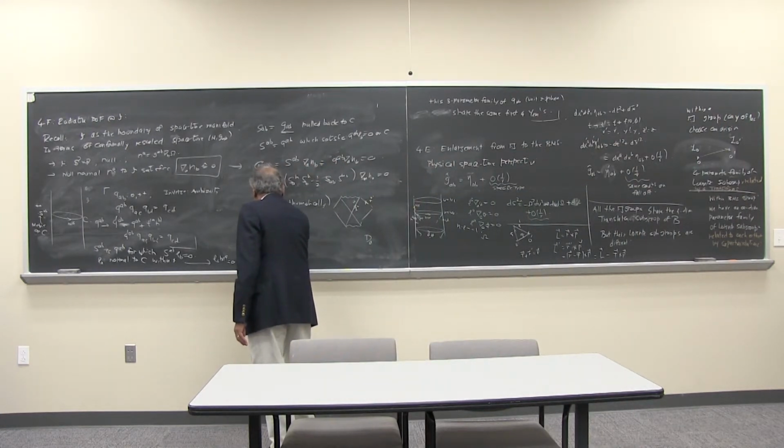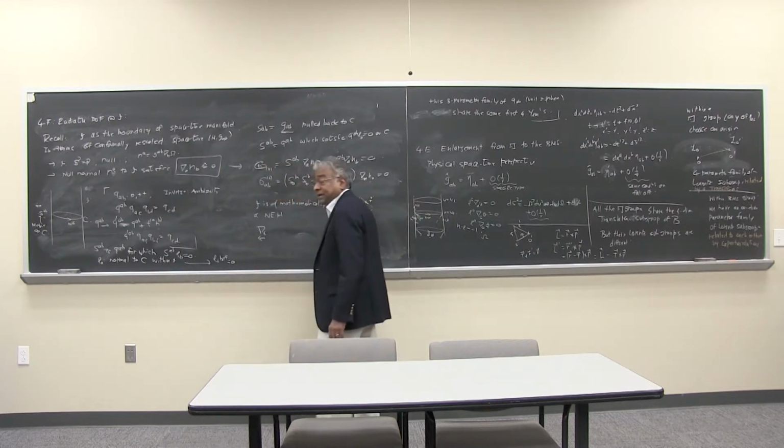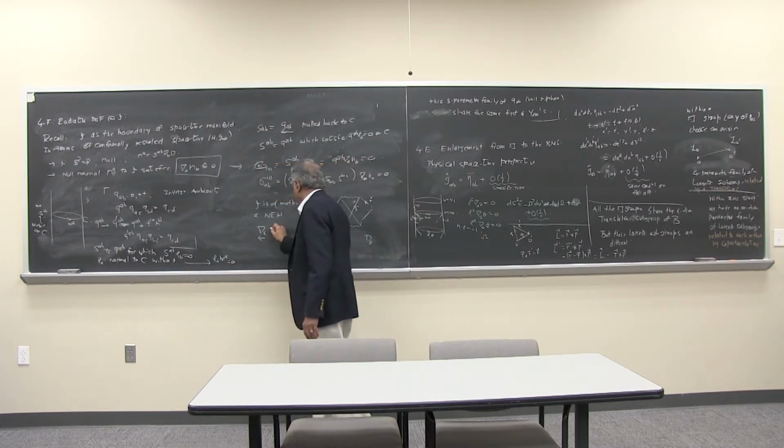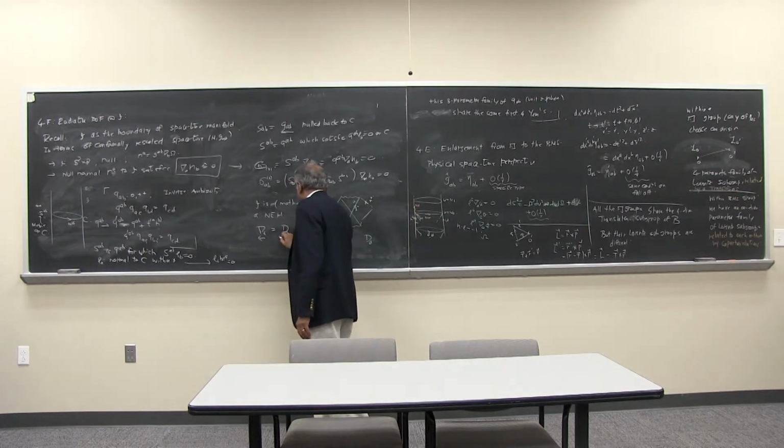Therefore, I can take this derivative operator, grad, on scri, and I pull it back, and I obtain D_A. This is the torsion-free derivative operator on scri.